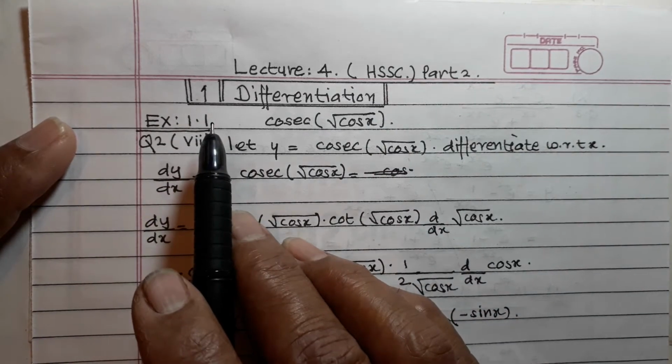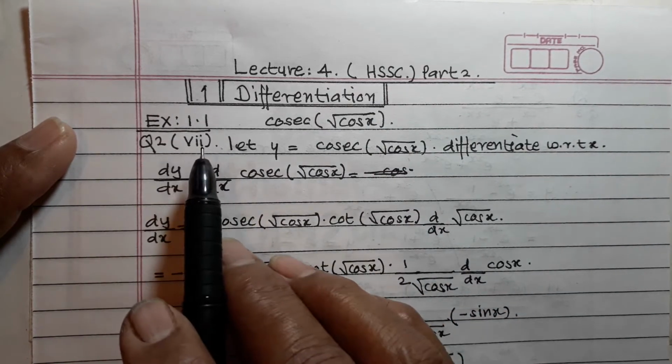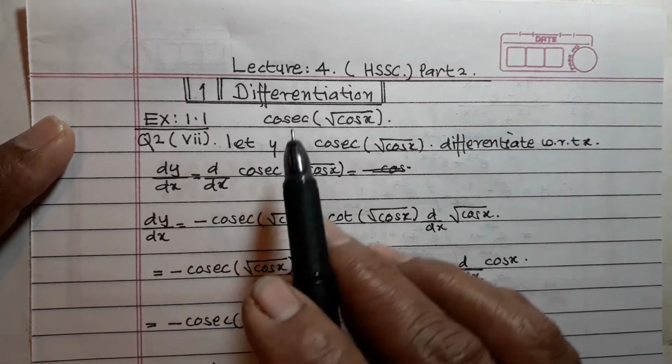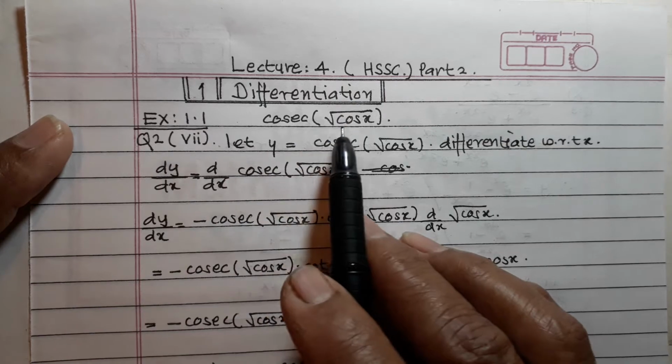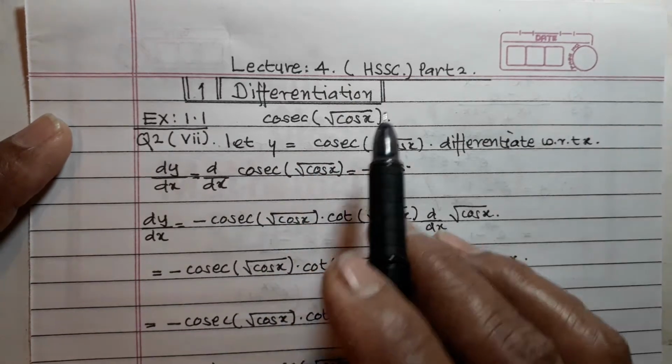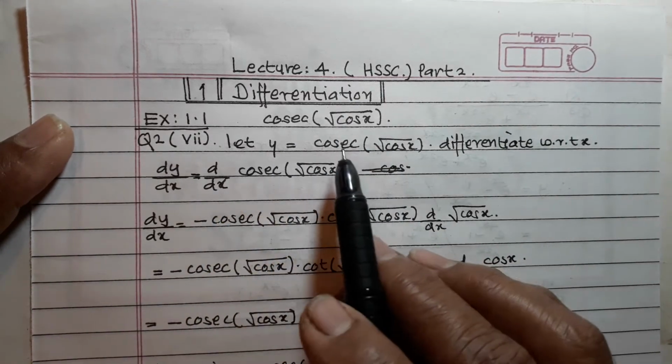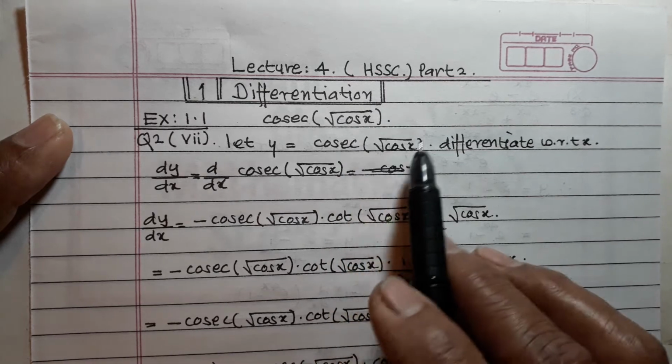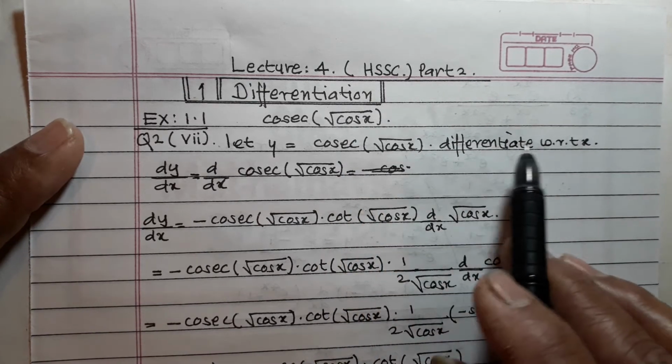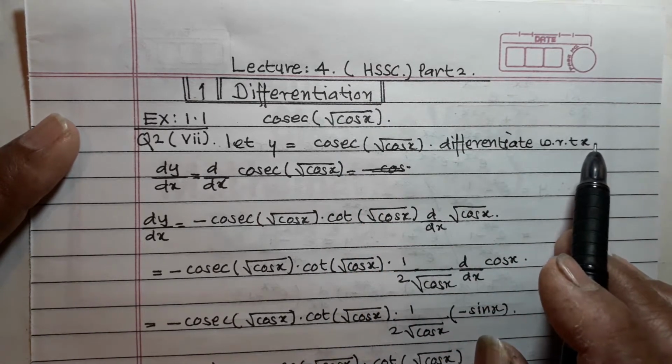Exercise 1.1, question number 2, example number 7. Let y is equal to cosec under root cos x. Differentiate with respect to x.